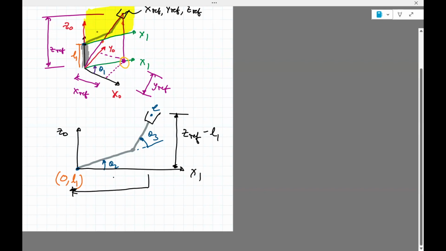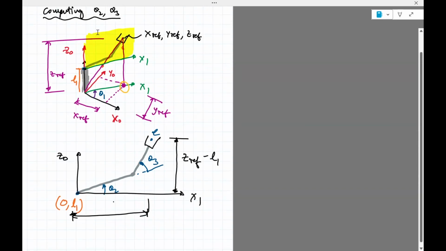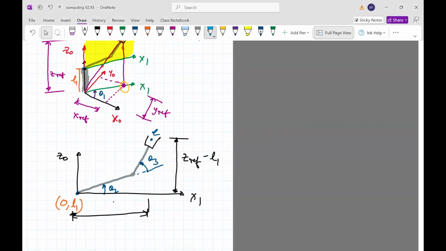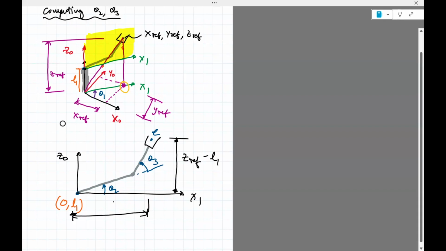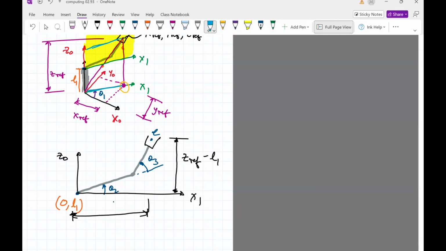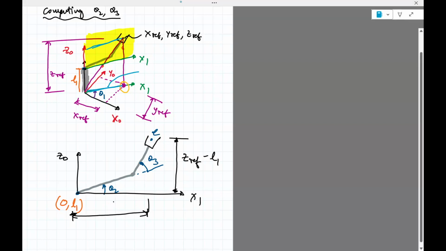horizontal distance, that we need to compute, is essentially, in this figure, this distance or this distance. So you can see that this distance, that is the distance along the x1, is going to be the square root of x ref square plus y ref square, right?